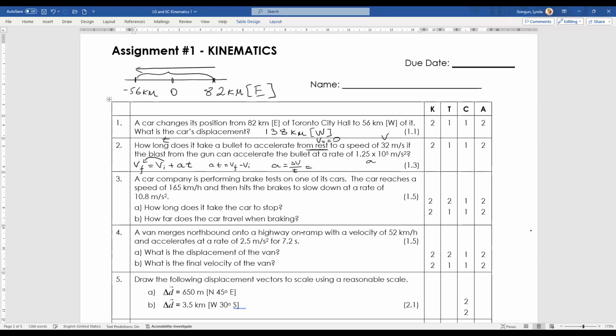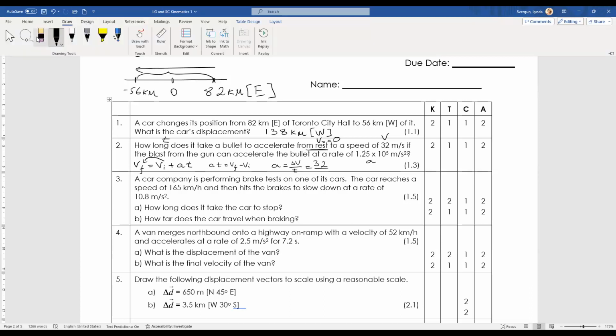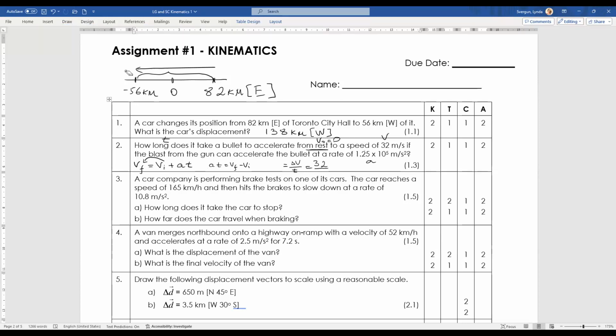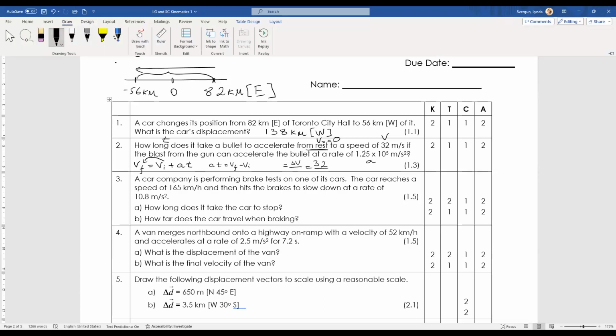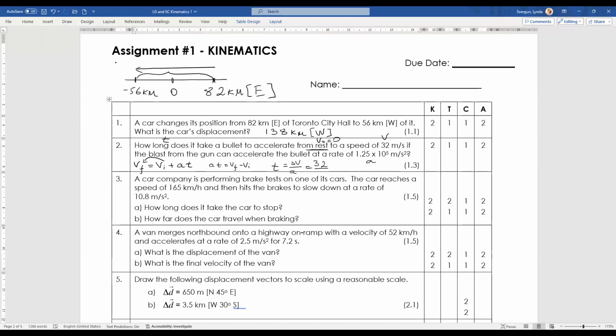Change of velocity, 32 minus 0, it's 32. Time we need to get, so time equals velocity over acceleration. And acceleration is 125 times 10 to the power 5. Use your calculator to check how much it will be.